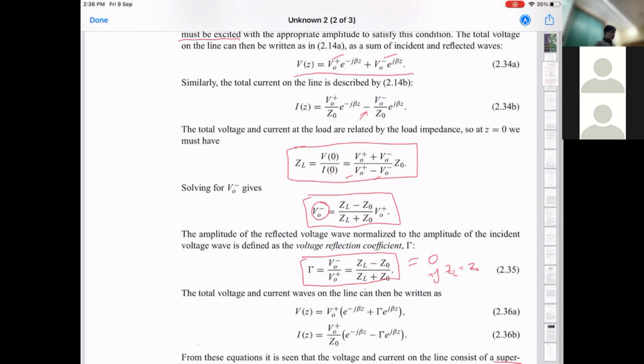And the reason this is so common and so important is that in general, a microwave circuit or a microwave network will have lots of connections between cables to your devices. And this number basically tells you how good that connection is.